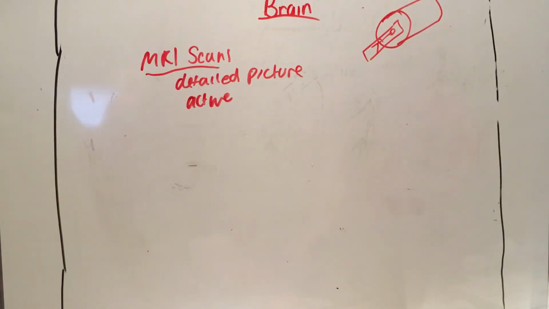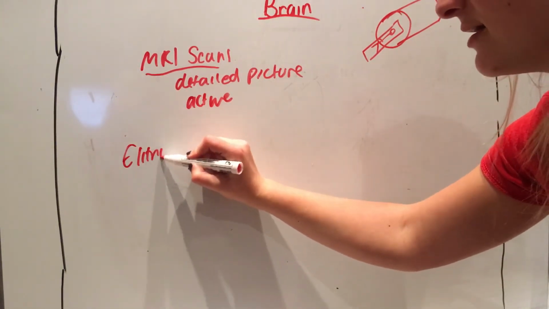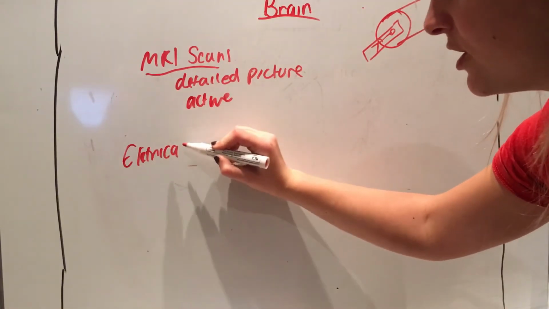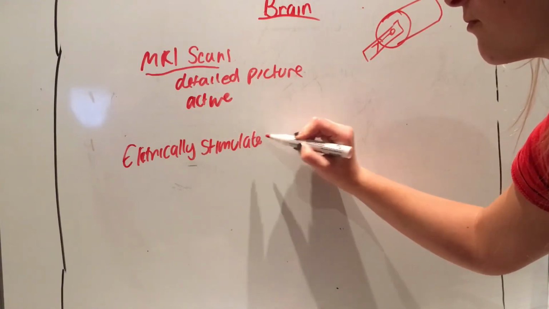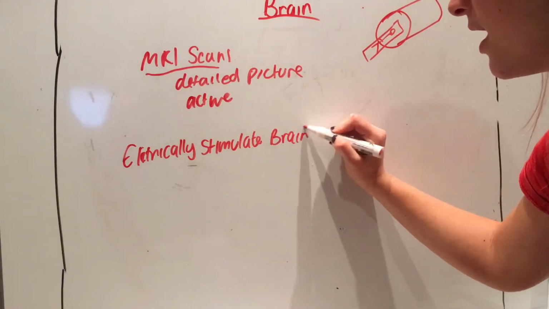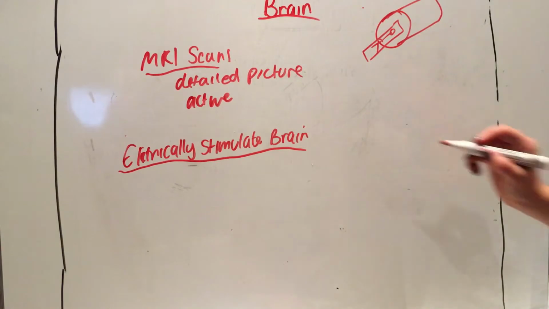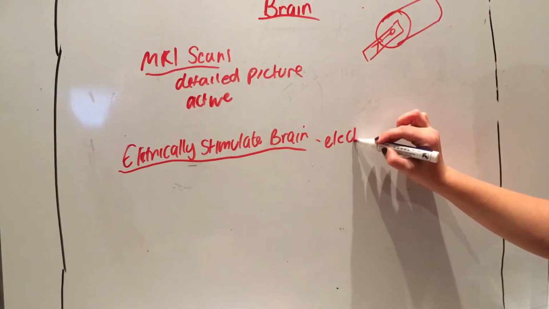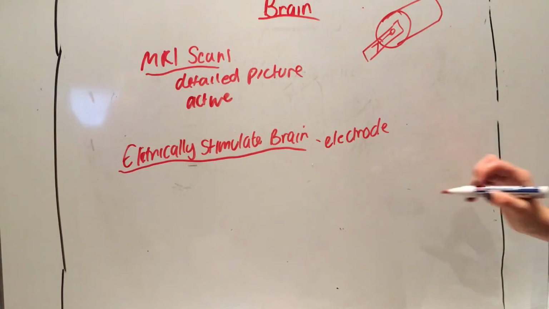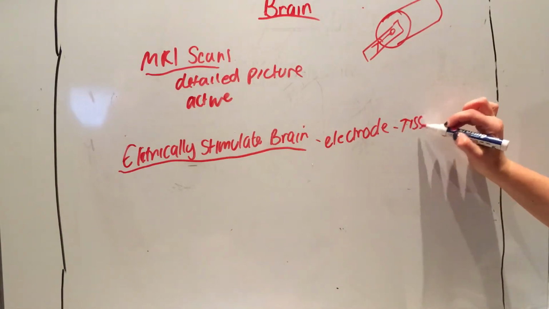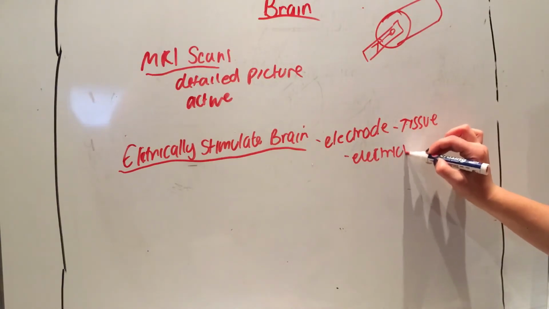Another thing you can do is actually electrically stimulate your brain, which sounds very... oh my god, I think I just spelled that wrong. You do this by pushing a tiny electrode into the tissue and giving it a small zap of electricity. Crazy, I know.